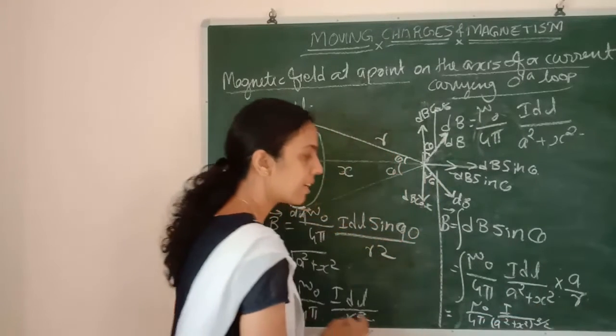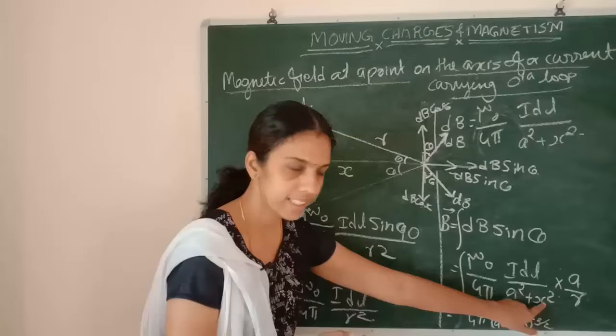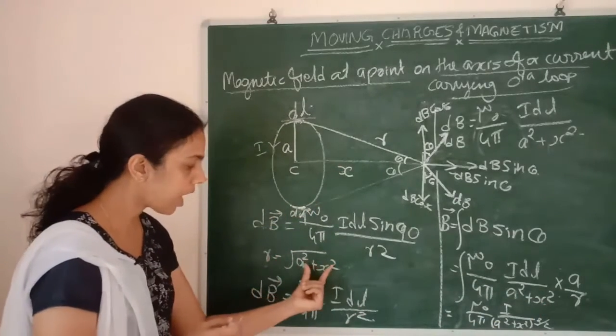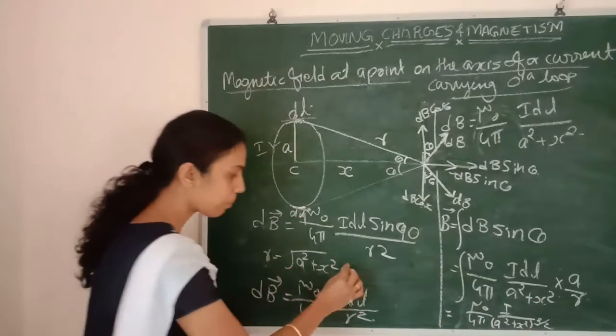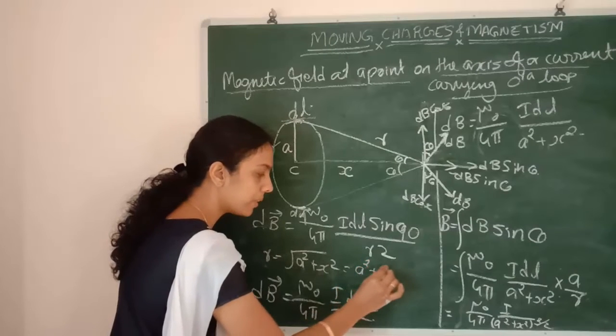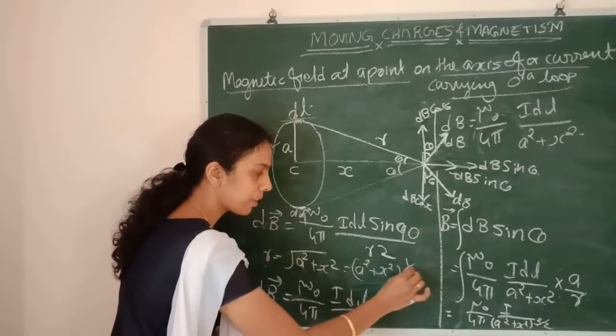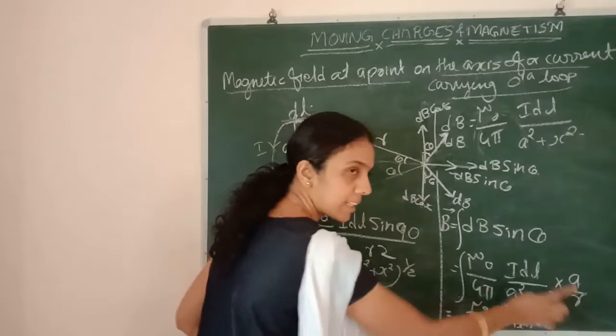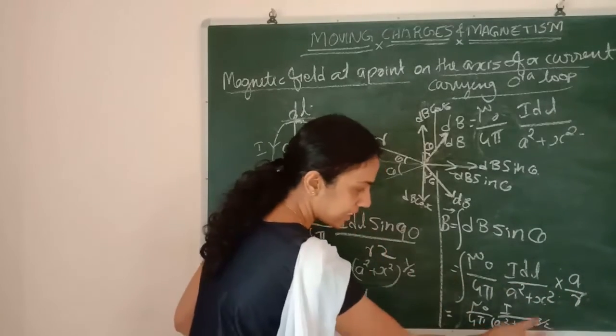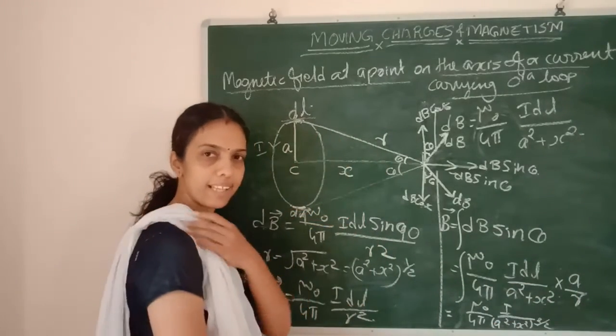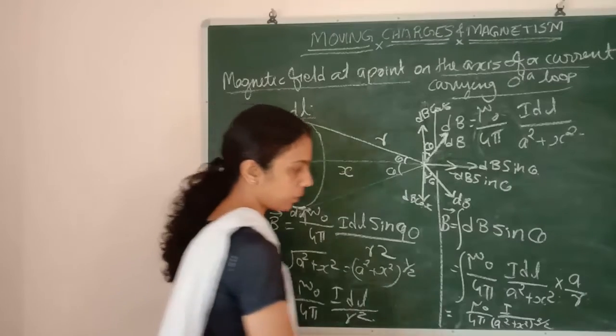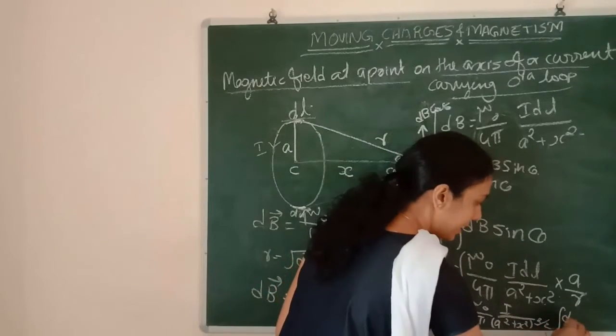You understood this? A square plus x square is already here, isn't it? Then one more R. What is the value? A square plus x square the whole power 1 by 2. Now 1 by 2 plus 1 is 3 by 2. So we are getting a square plus x square the whole power 3 by 2. Now we are integrating dl.